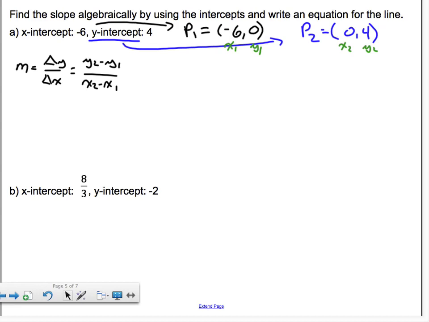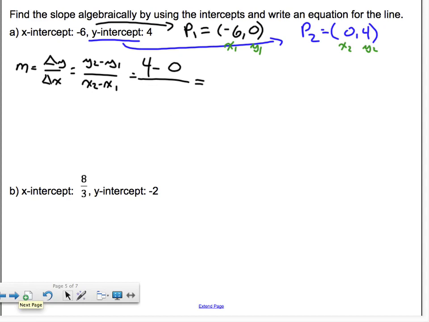Did you really have to do this? I'm thinking about whether the signs are going to work out, depending on the x- and y-intercept. Let's work it out here and see if we can get that shortcut or not. So y2 in this case is 4 minus 0, all over -6 minus 0. So it comes up to the same thing. No, it'd be 0 minus negative. Yes, this is why we need to be careful.